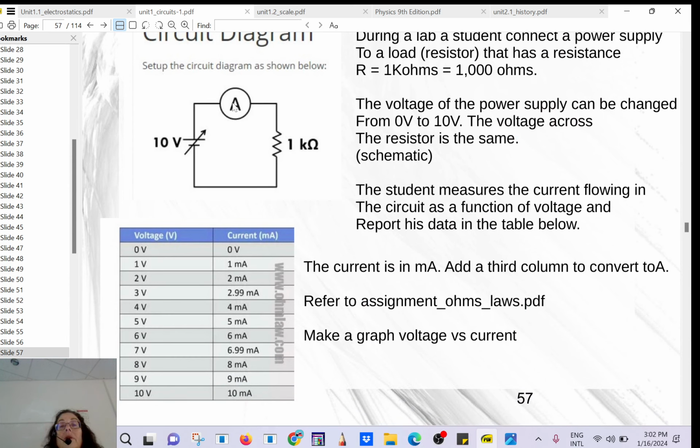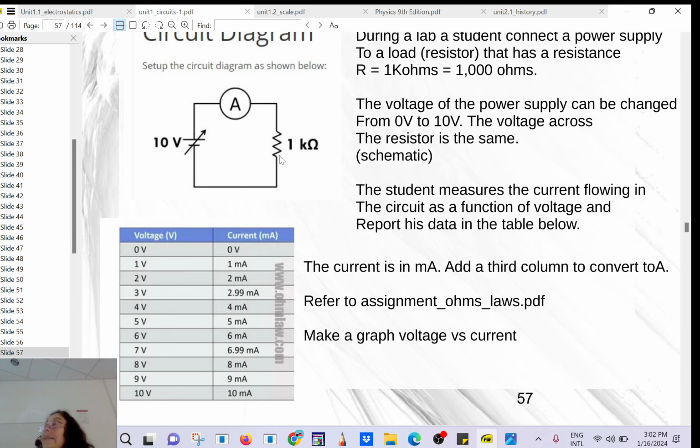What's the symbol? Here's the experiment that you're going to do during the lab. What is this? Very good, an ammeter to measure the current.